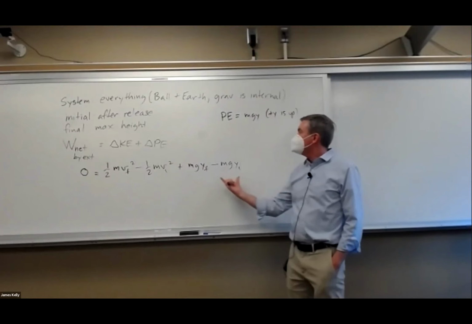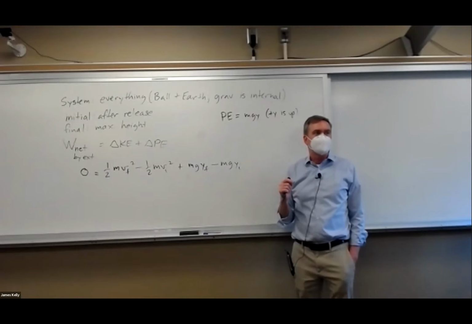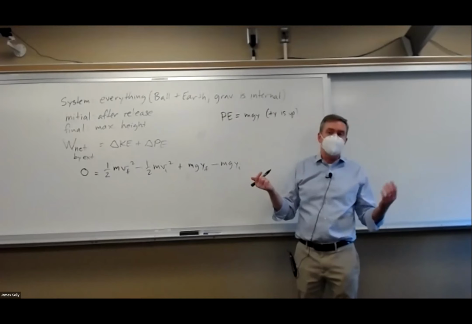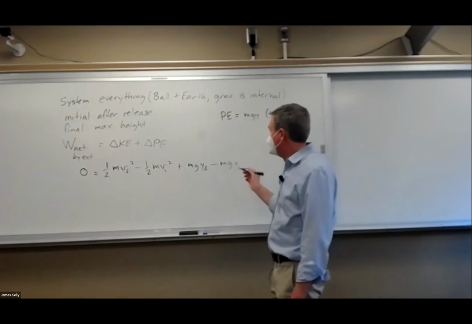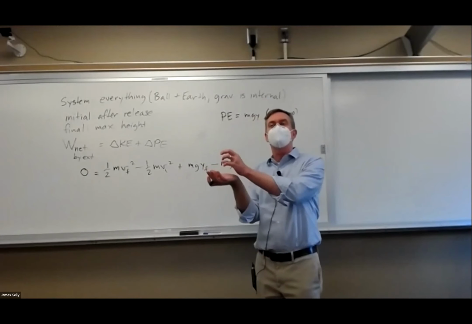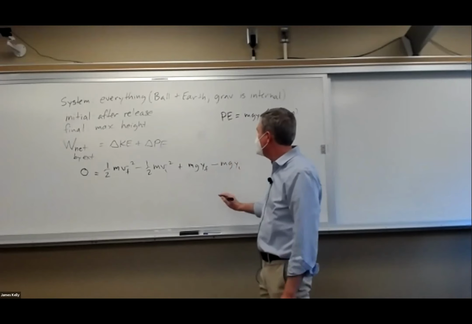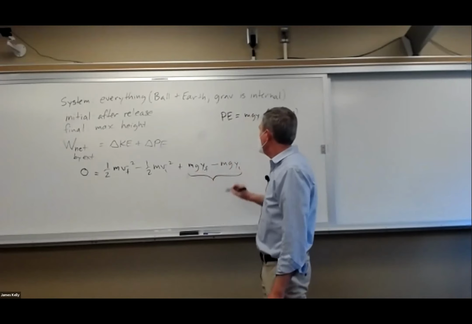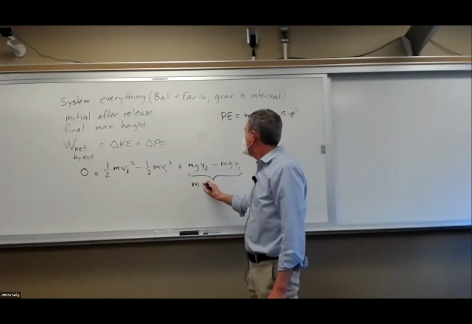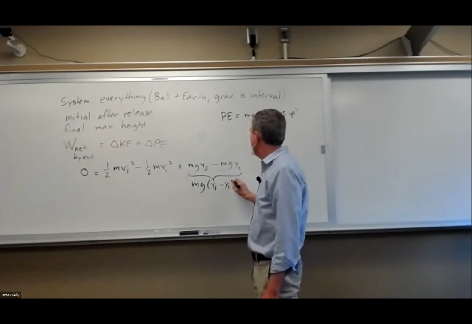Okay, so what is it that I want to find here in this problem? y final, or y final minus y initial. Notice, I could choose my coordinate system so that right after I release it, that's where y equals 0. That would be my y initial equals 0. Or if you don't want to do that, we could just factor out the mg, and I have y final minus y initial here.